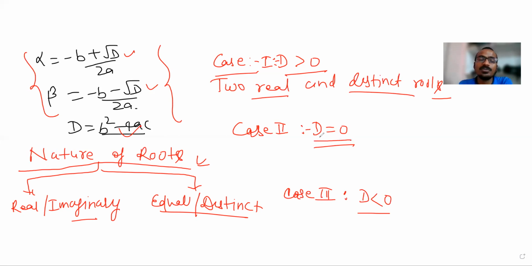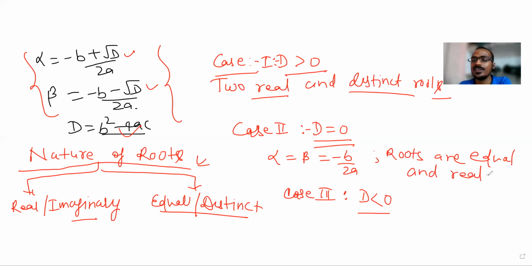When D is equal to 0, then alpha becomes minus b by 2a and beta becomes minus b by 2a. Both roots become equal. Alpha is equal to beta is equal to minus b by 2a. Hence in this case, roots are equal and real.